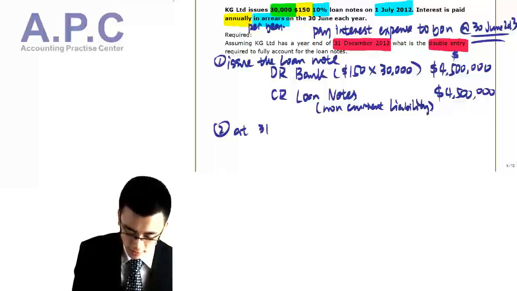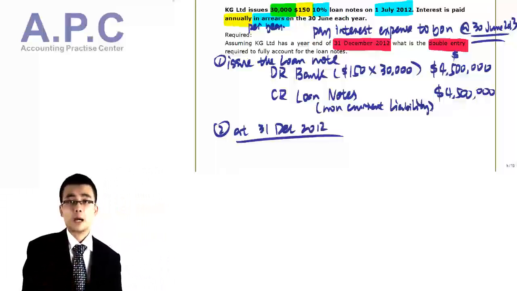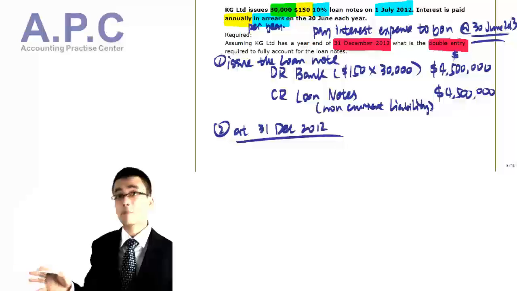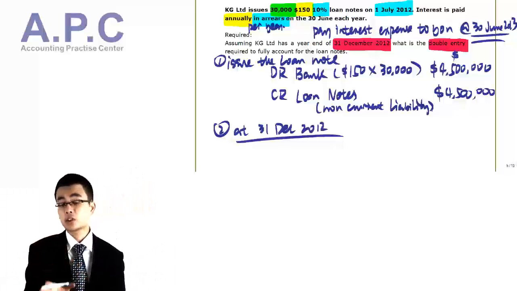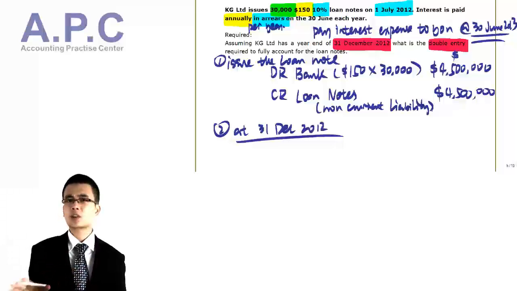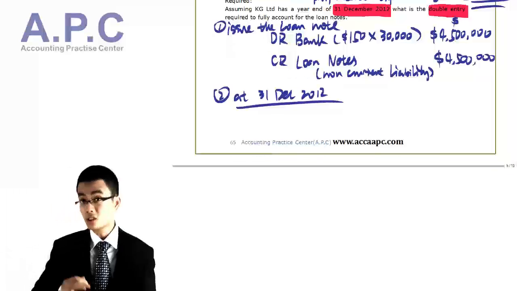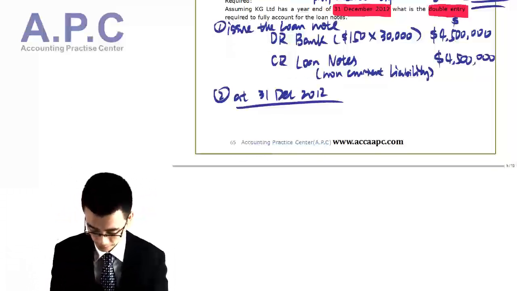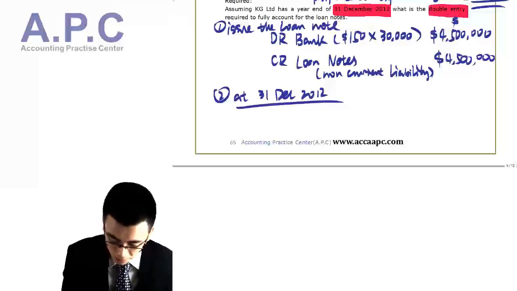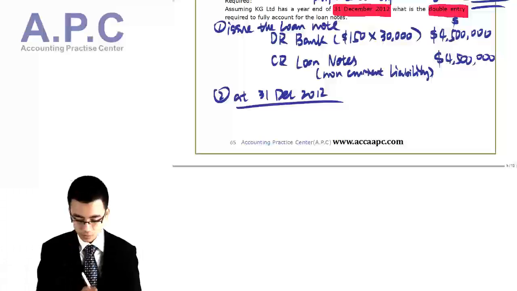Secondly, at 31st December 2012, the company has to accrue the interest payment. Although it has not actually been paid by the company, it has to recognise it. We'll talk about this accruals basis concept later on, so just get the feel for it.